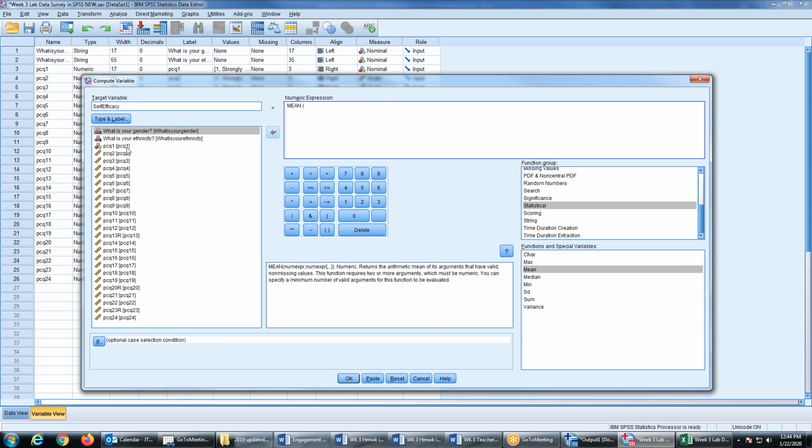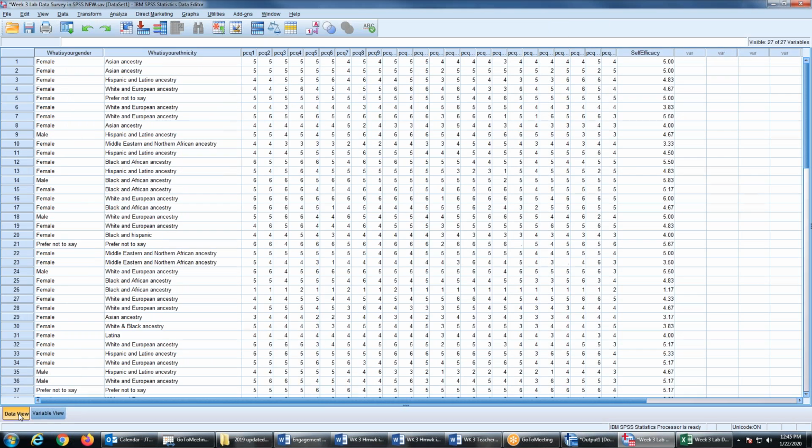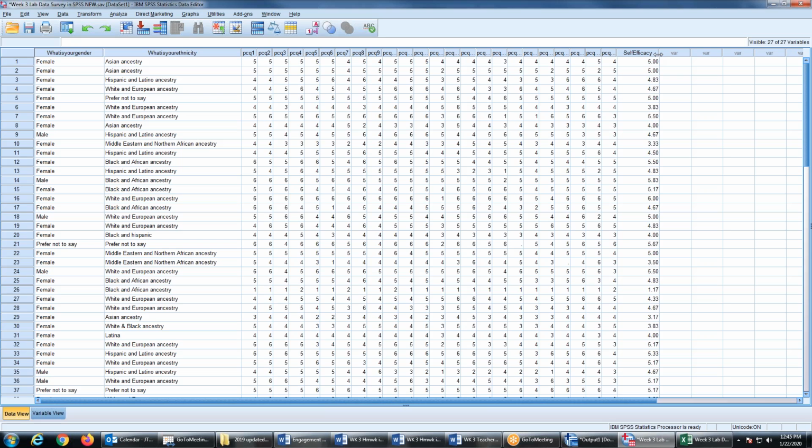Mean is 1, whoops, okay, and then 6 is it, so you close it. Then going back and checking, yep, you've got it there. Then you're just going to repeat that for the rest of them, and then the overall SciCap.